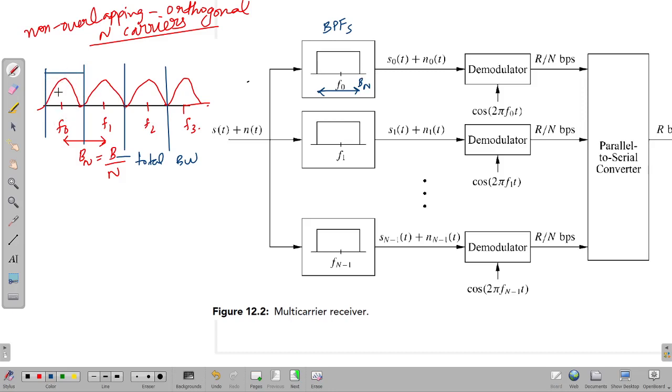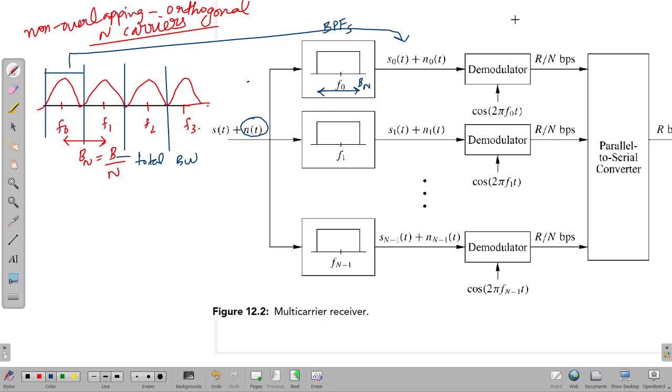You receive this subcarrier, that is S naught corresponding to S naught of t, and there is also some noise in the channel which gets added, and after filtering, some filtering noise also gets added. It is N naught of t, and then you do some demodulation.